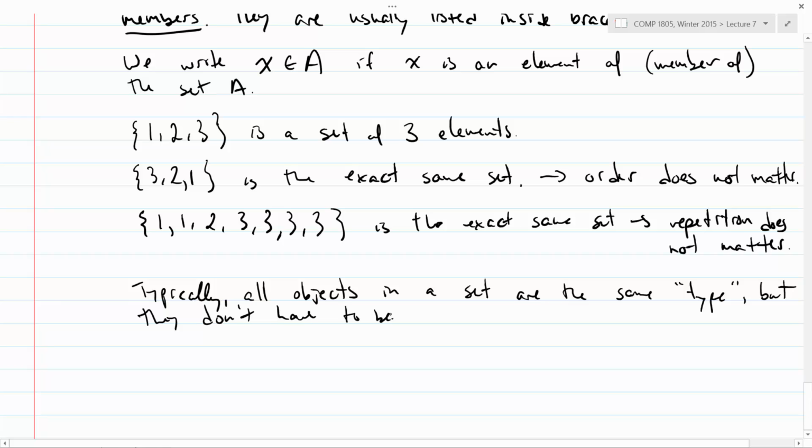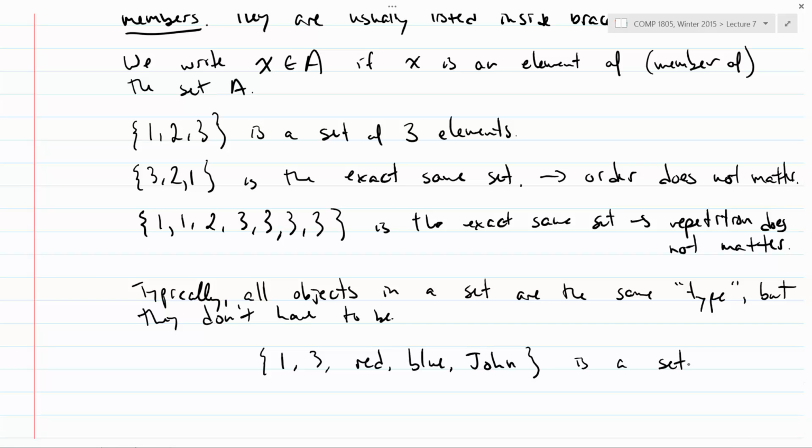So for example, {1, 3, red, blue, John} is a perfectly good set. Although I don't know why you would ever define a set that way, but you can if you want.